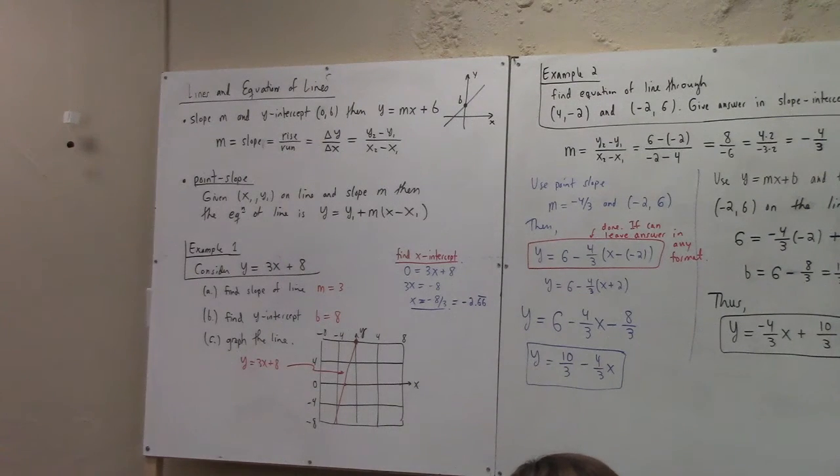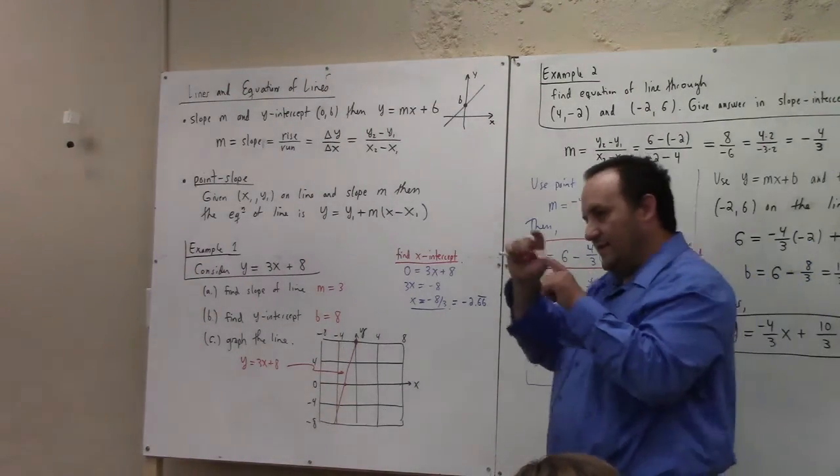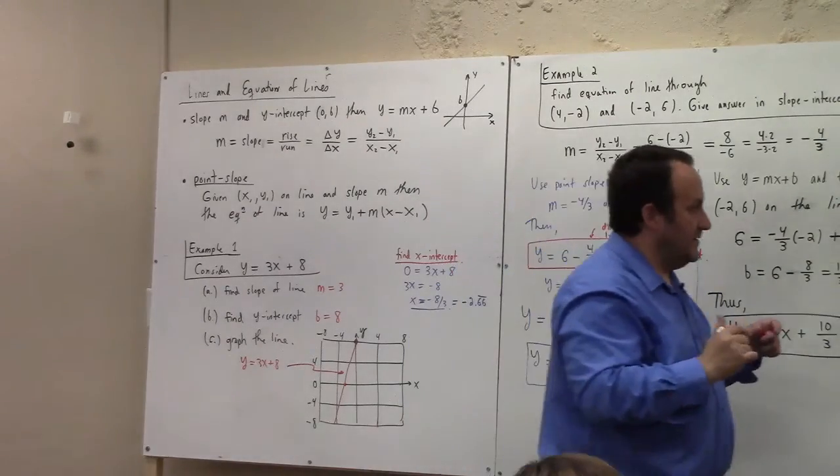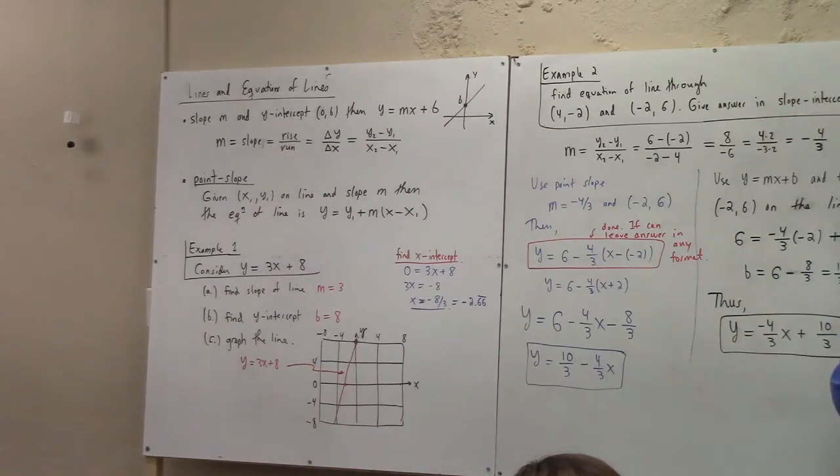And we can also think of that as rise over run. So what that means is you can imagine fitting little triangles in, which have 1 over and 3 up. And you can use those triangles to build the line if you can imagine such a thing.